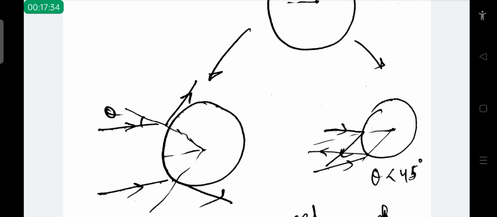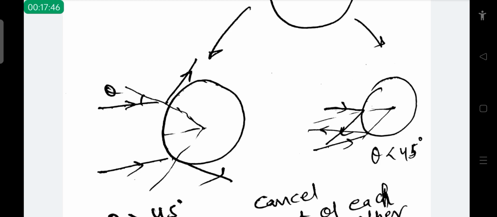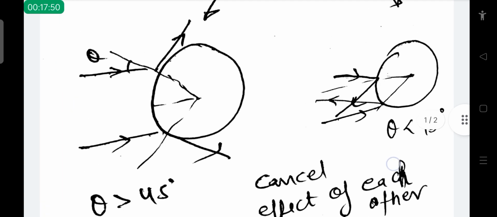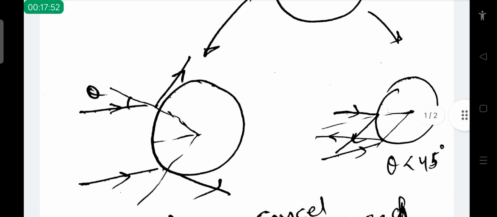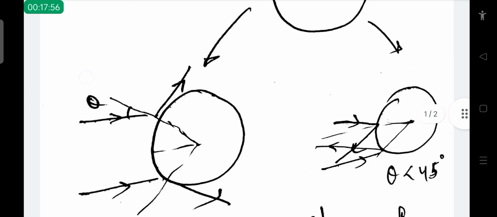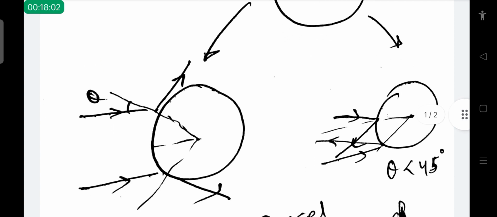It is just like the Rutherford model, where some light is deviating backwards and most of the light deviates at larger angles. So they cancel the effect of each other, and by this logic we can say the final momentum would be zero, right?